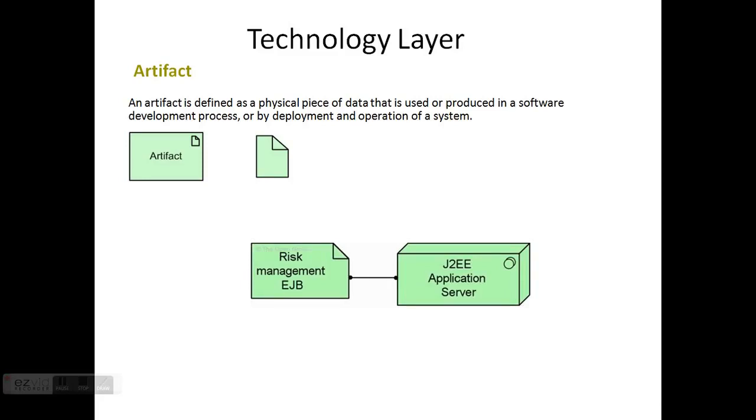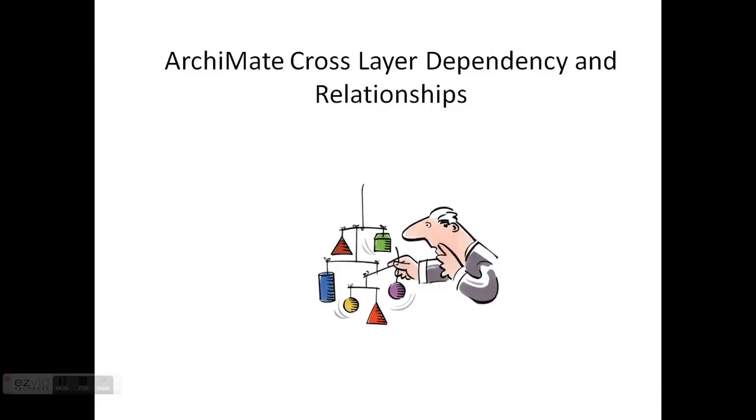What that means is that when we are developing enterprise architecture in three different layers, a business layer on the top, application layer in the middle, and the technology layer at the bottom, most of the time it is necessary to make connections and relationships between elements or entities across layers.